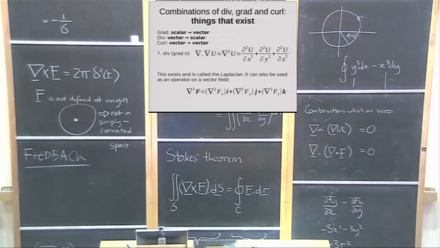So the divergence of the gradient of some scalar potential, div grad u, is del squared of that scalar field, and is the second derivative of that field with respect to x, plus the second derivative with respect to y, plus the second derivative with respect to z. And that's the scalar Laplacian of that field.